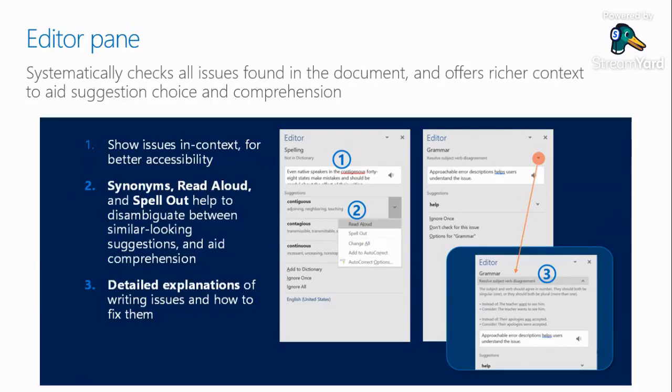So here in editor pane, it will systematically check all issues found in the document and it will give you richer context to aid suggestions and comprehension. So first, you click on the editor, spelling, and then synonyms, read aloud and spell out, and then detailed explanations on how to fix these errors. Okay.